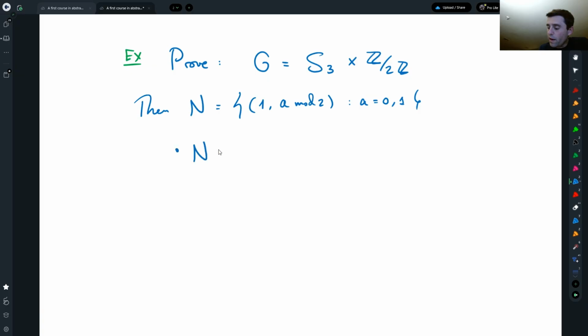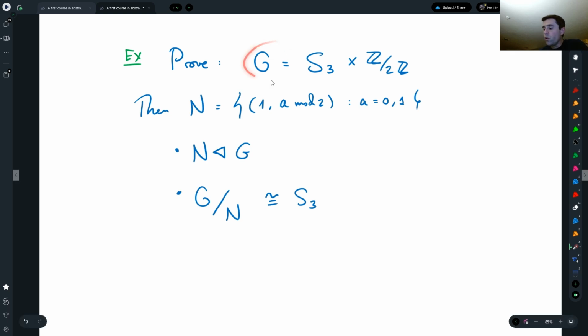So you can prove that N is normal in G, and that G modulo N is in fact isomorphic to S3. So here is an example of a group that is non-abelian, and its quotient is also non-abelian. Okay, so you can prove this. I'll leave this as an exercise.